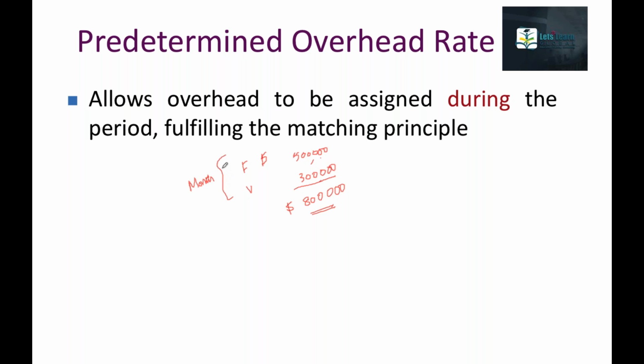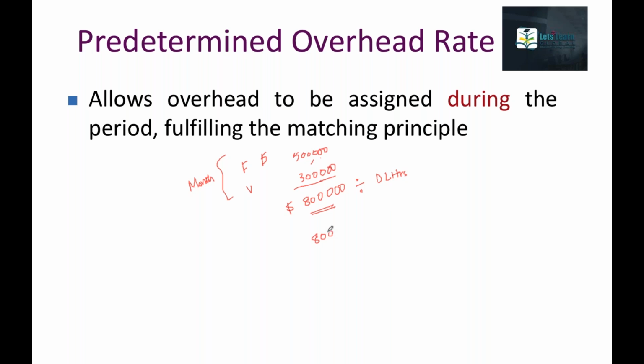Say, for example, our factory is a labor intensive industry. Labor intensive industry means most of the activities are carried out by human efforts, not automatic. So in that case, this is to be divided by the total direct labor hours in that month you are expecting to perform. Say, for example, 80,000 labor hours.